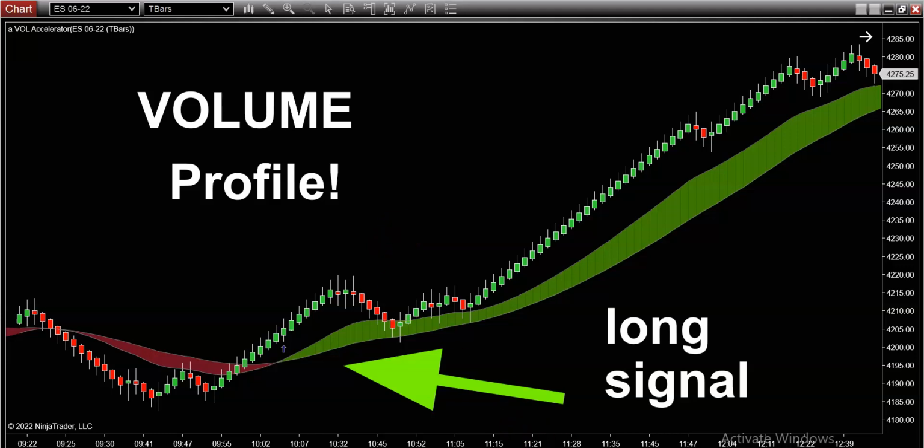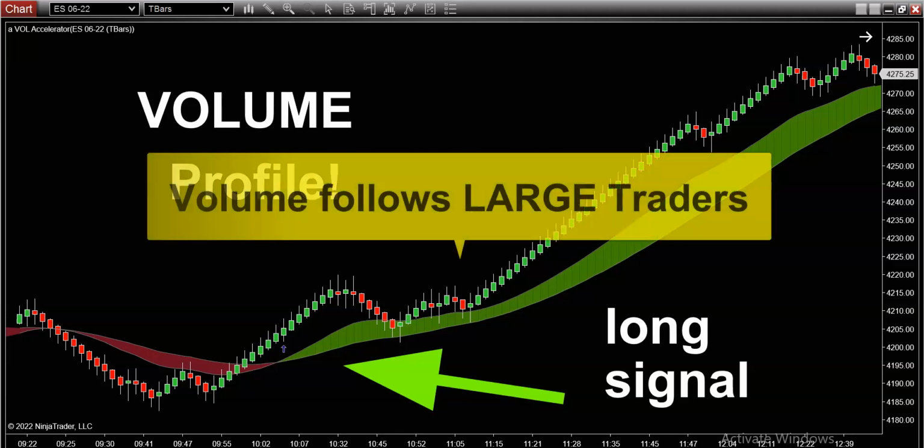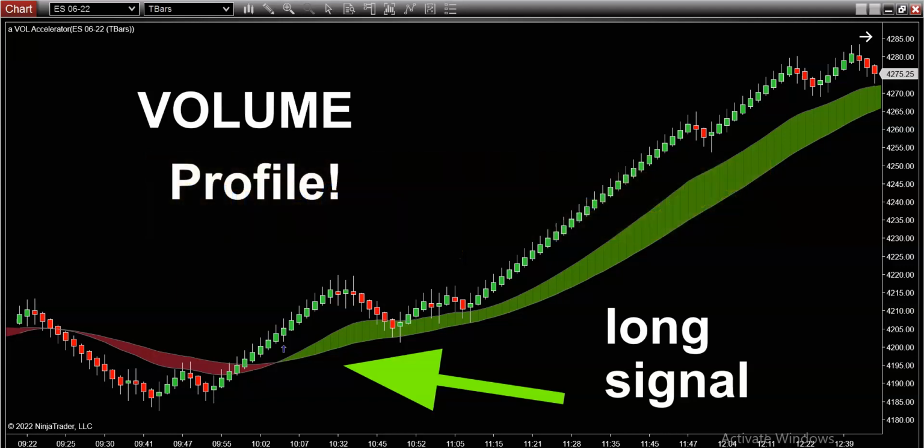Because here's the thing. What is volume? Volume is the large traders, what I like to call the smart money, the big money, the institutions, and the algo traders out there. You understand what I'm saying? I mean, it's right in the name. Volume means a certain amount of market participants have to come in and enter the market all at the same time.